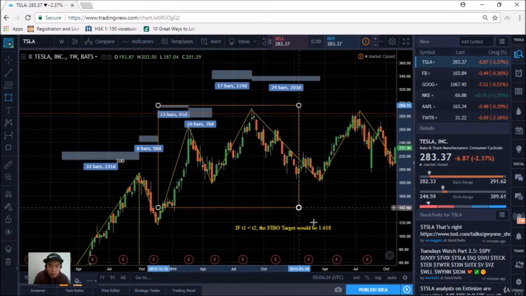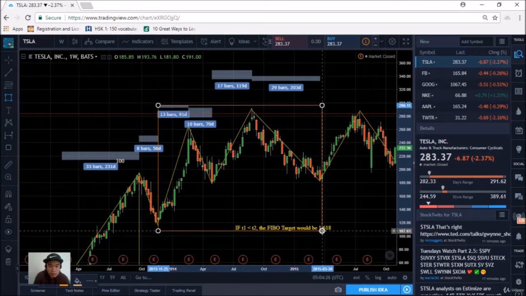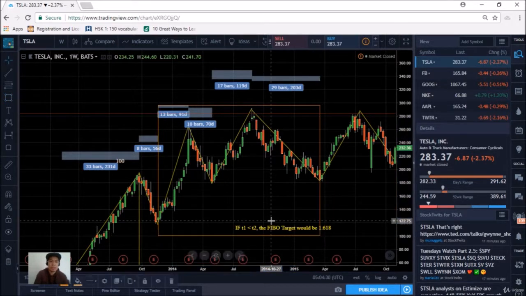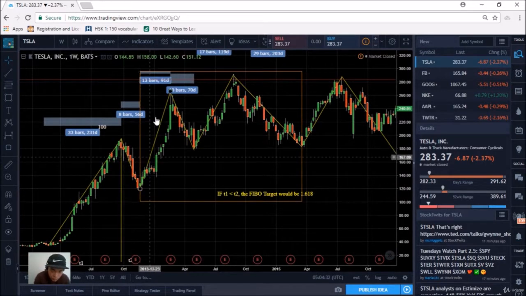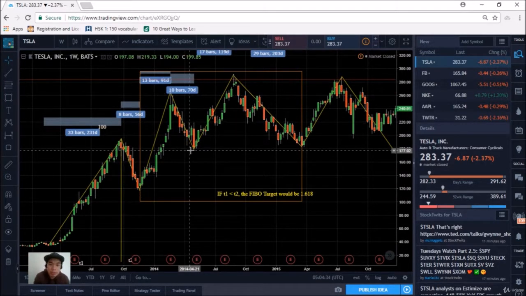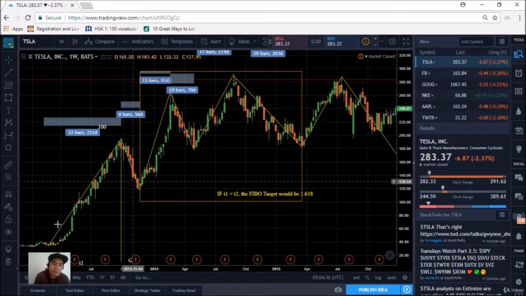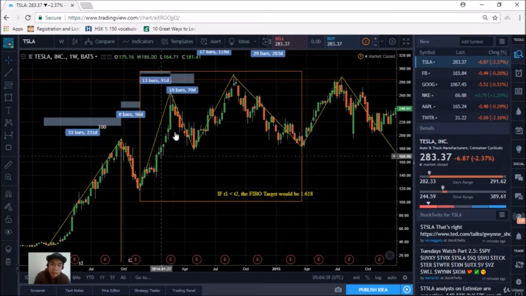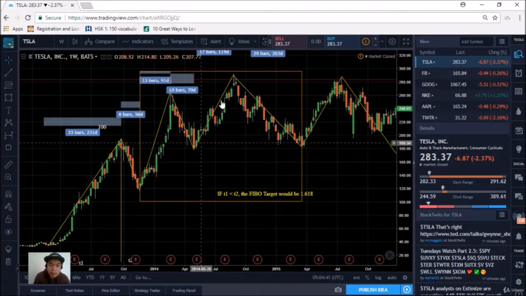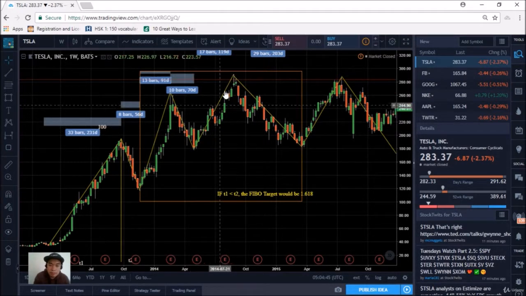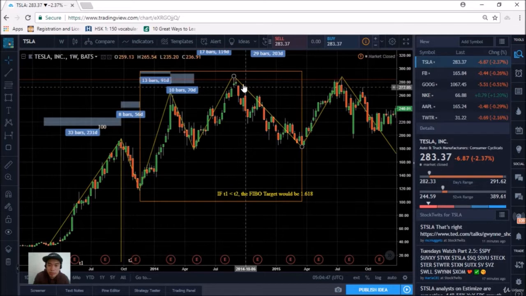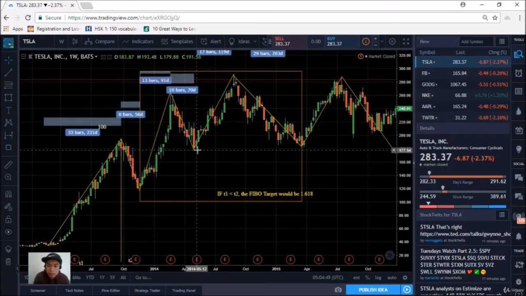Now if we are looking at these two loops, you can see that from this loop it has power to go up. This is still in an uptrend movement. Now at the second loop, you can see the seller retraced back to the buyer line.